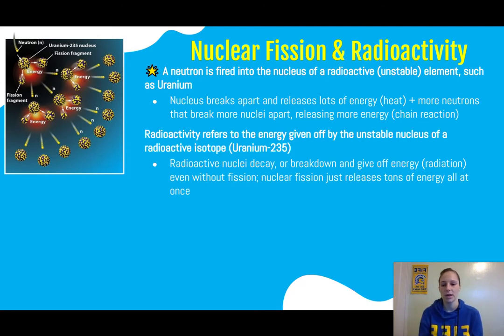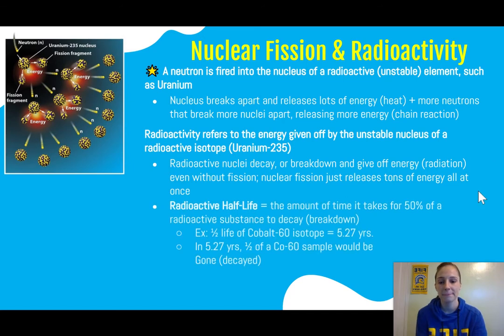It gives off radiation even without fission. In a normal process where you aren't having this whole chain reaction, some radioactivity is normal. You're going to have uranium giving off some basic radiation, but it's the nuclear fission process that releases tons of it all at once.